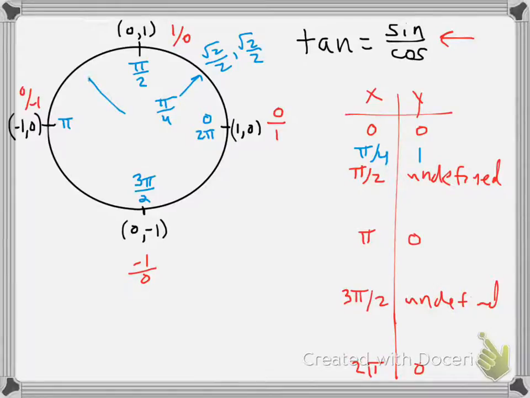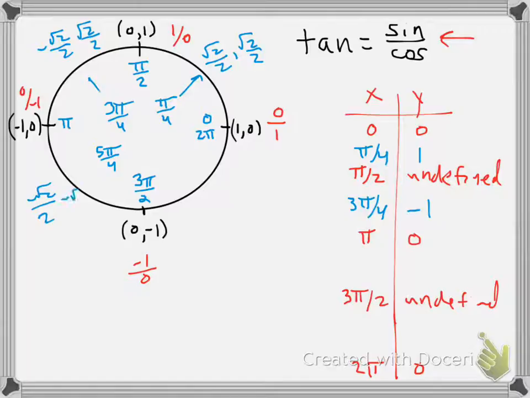Over here there's another one, but it's negative square root of 2 over 2, comma square root of 2 over 2. So that's going to give me -1. And that is at 3 pi over 4 radians. Down here at 5 pi over 4 radians, they're both negative, and so because they're both negative, negative divided by a negative will give me a positive 1.